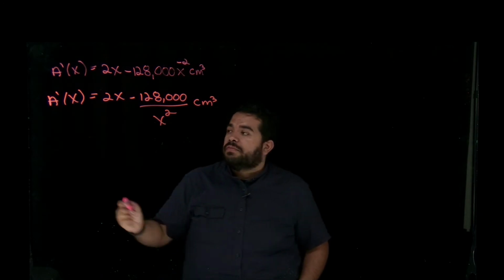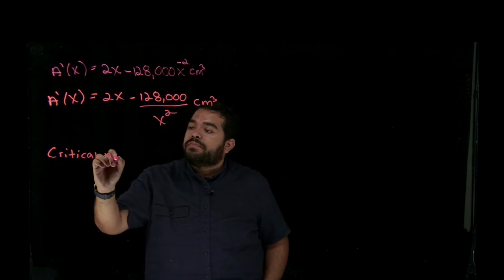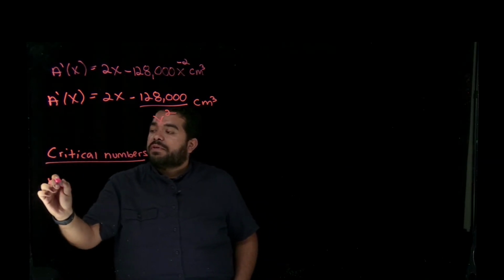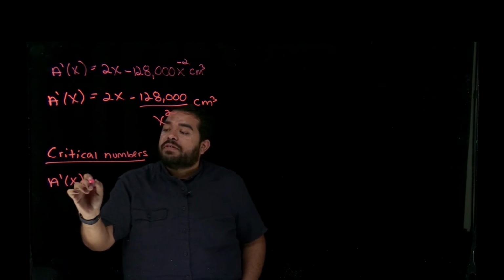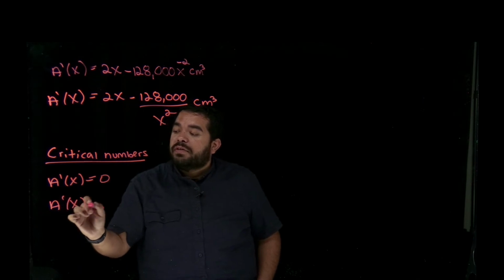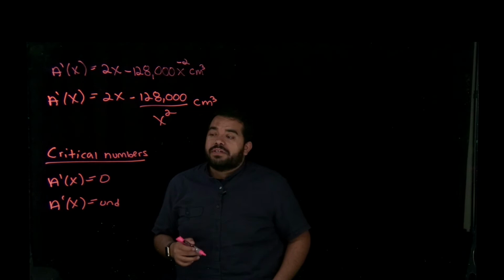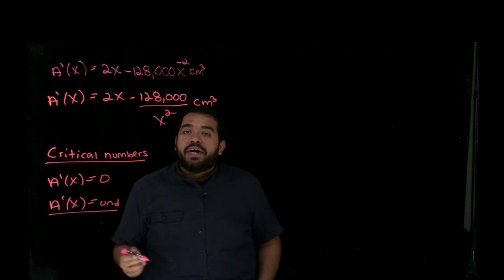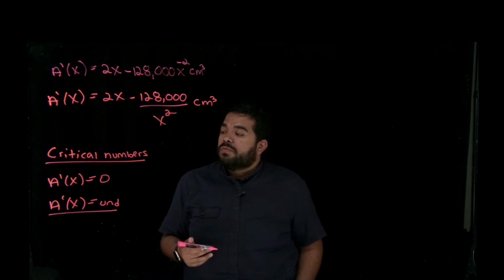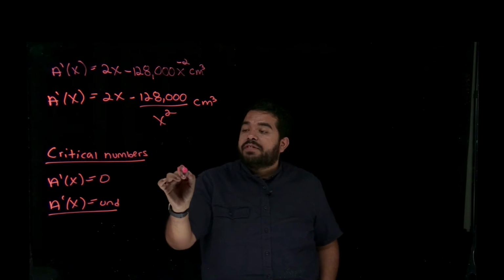Now for the critical numbers, again, for this particular problem, we're looking for when this function equals 0, or when this function is undefined. So I want to start with this part here. We do have a fraction portion of this function. So what would be a value that will give us problems? Let me copy this down again.